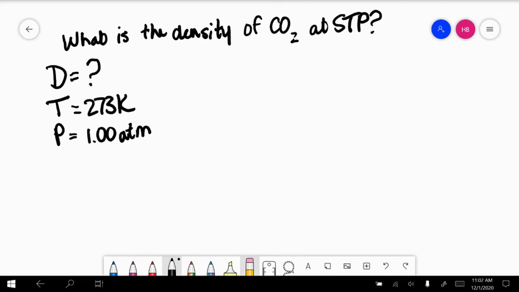Now, just a heads up, when they give you things like STP, that's reference numbers, you can consider those to have unlimited significant figures because reference materials are considered to be exact. We can always consider R to be given.